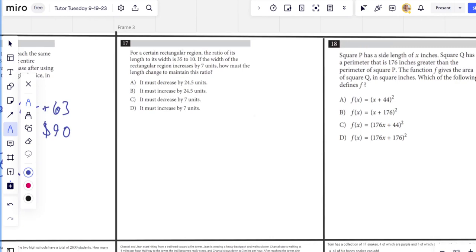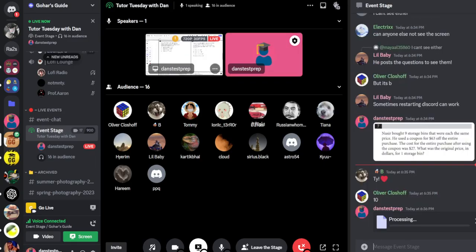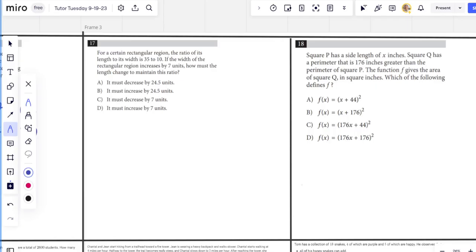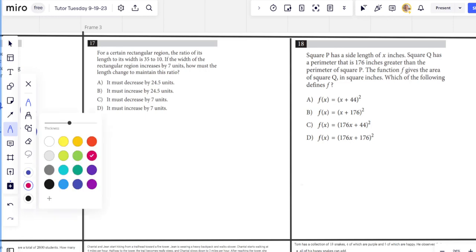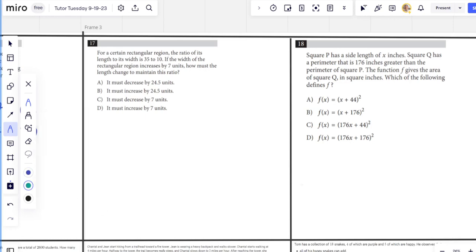Let's take a look at number 17 next. I like this one. For a certain rectangular region, the ratio of its length to its width is 35 to 10. If the width of the rectangular region increases by 7 units, how must the length change to maintain this ratio?